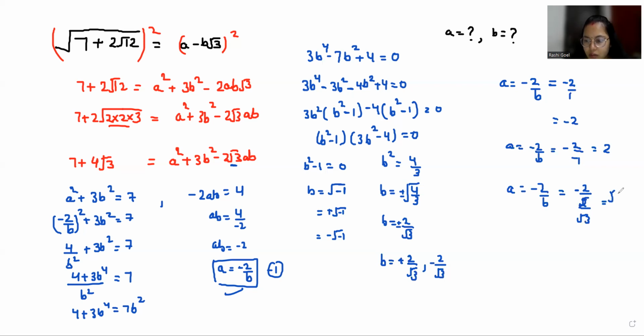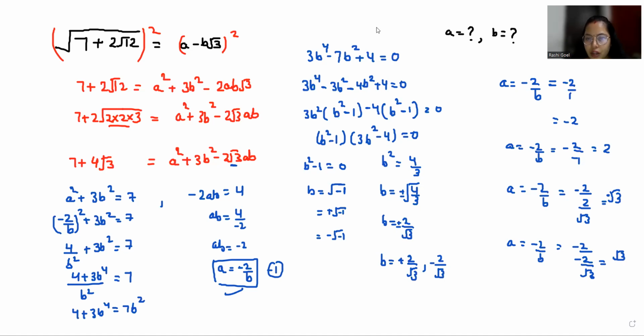So it gives us root 3 only, negative root 3 and negative 2 by root 3. It gives us positive root 3.